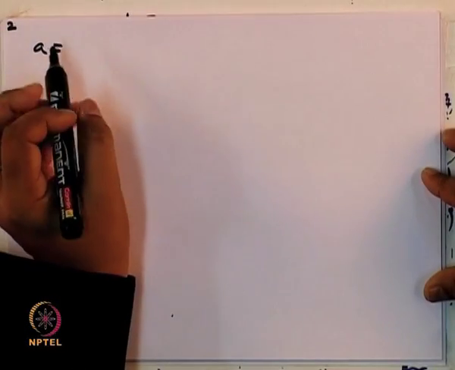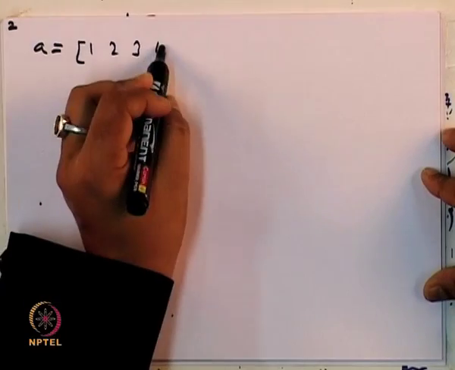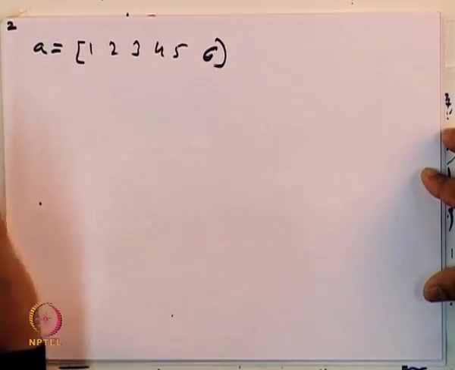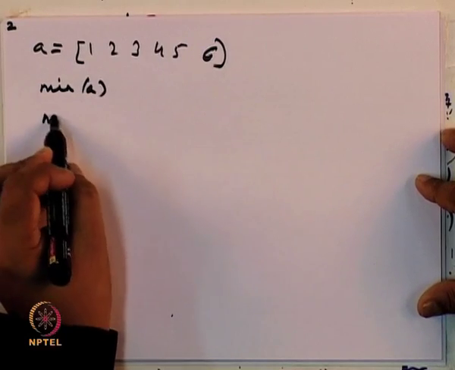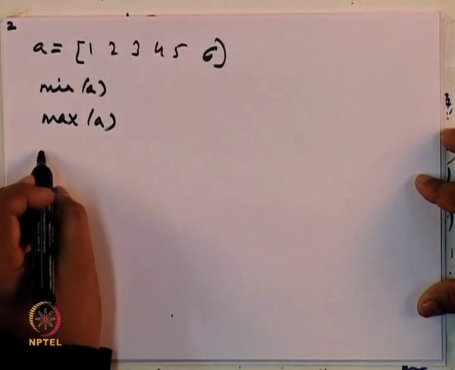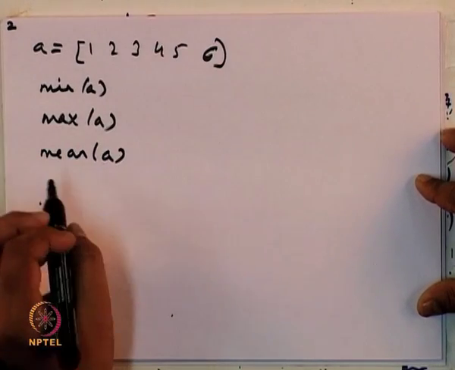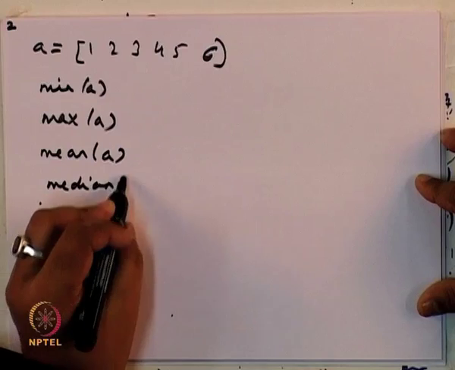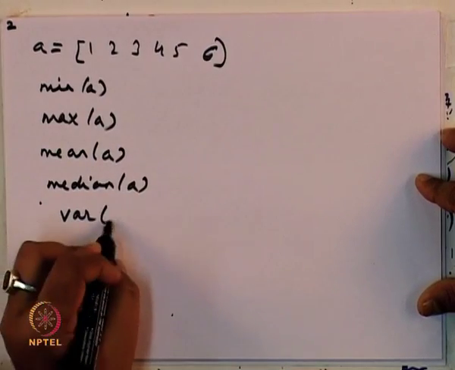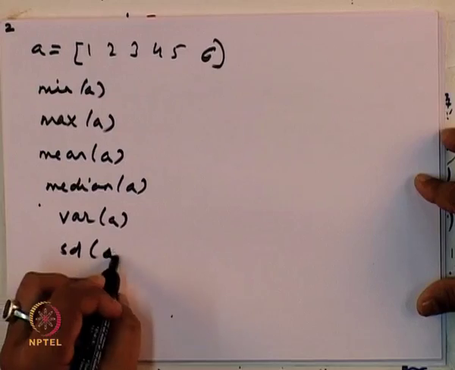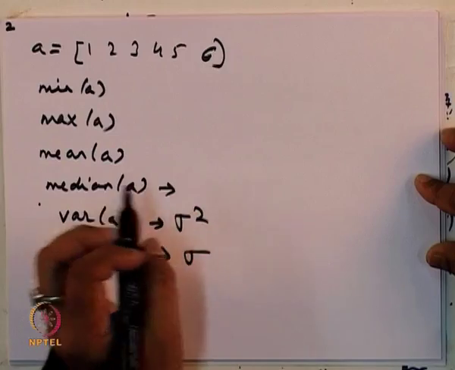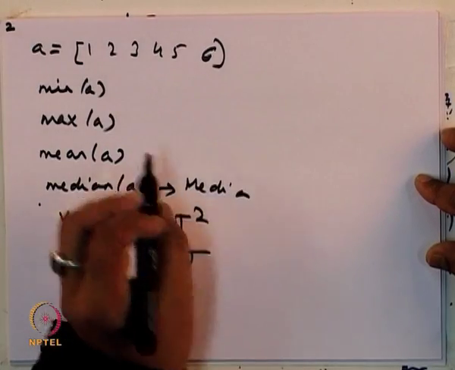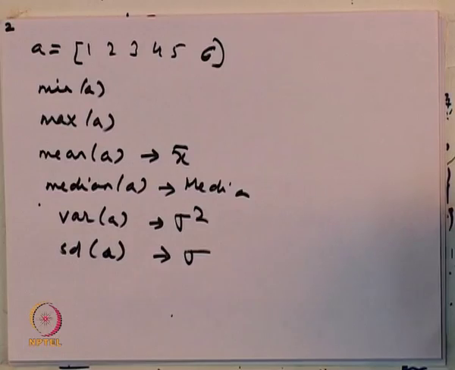Once you generate a vector, let us say you have a vector A is equal to 1, 2, 3, 4, 5, 6. Okay. You can use these essential functions like min of A, max of A, mean of A, median of A, variance of A and SD of A to get variance sigma square, sigma, this is just the median, you get x bar here for the mean, and max.